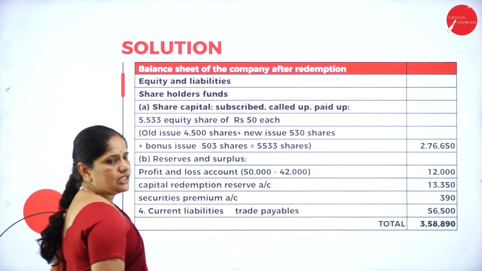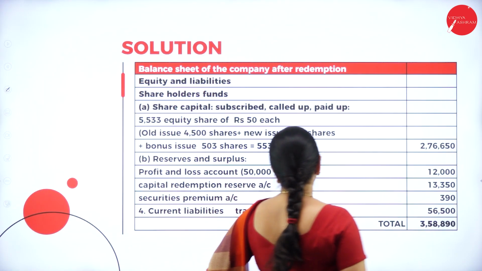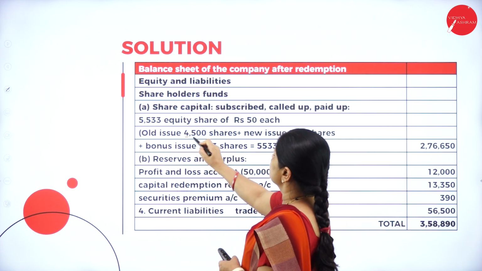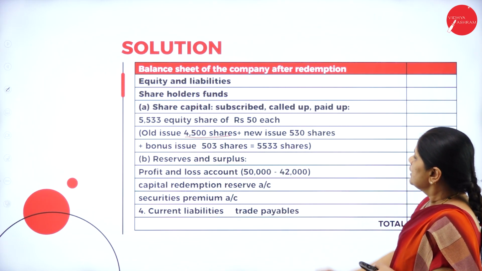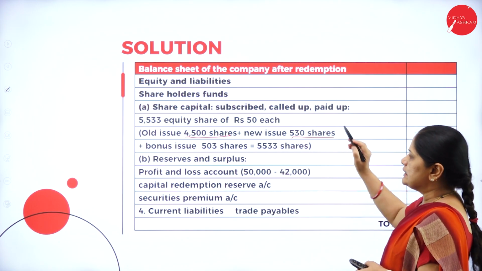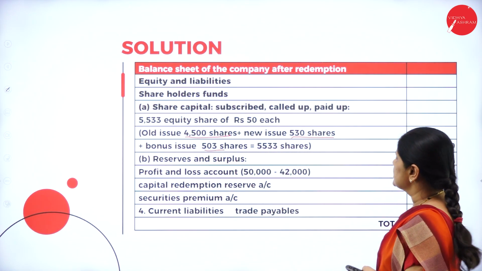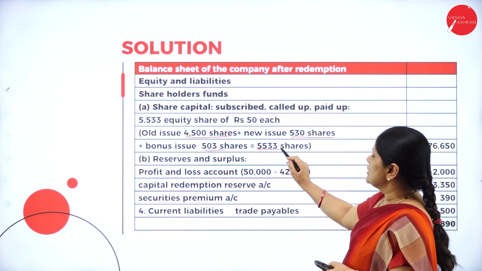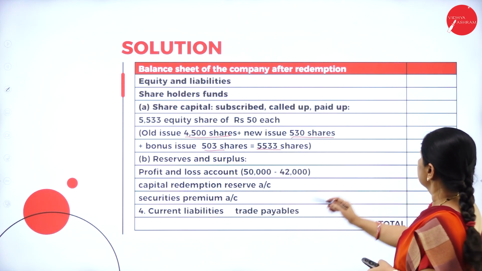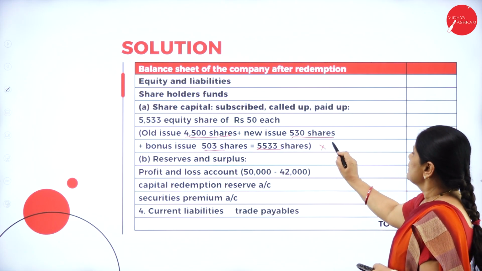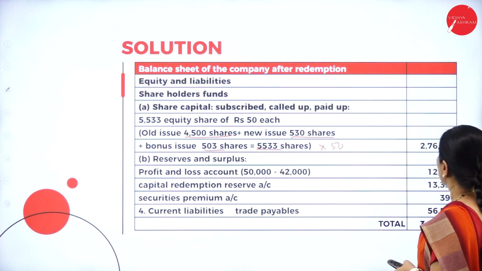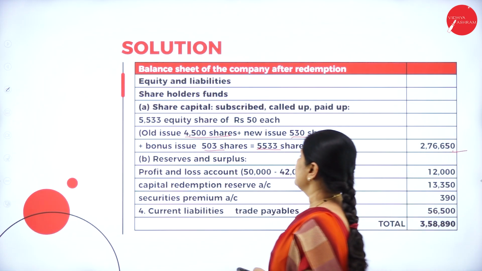Now next, the balance sheet. In the balance sheet, the old issue is 4,500 shares. The new issue is 530 shares. Then the bonus issue is 503 shares. So totally it will be 5,533 shares into 50, which gives 2,76,650.